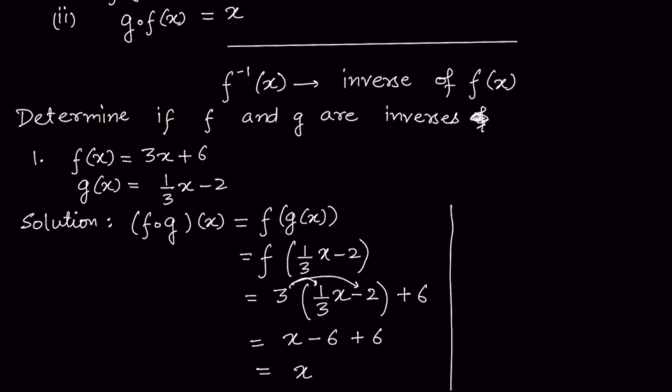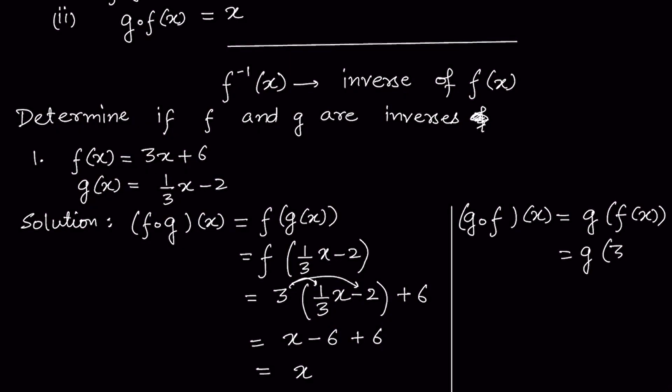So this condition holds. Then we will check g composition f. If both give us x back, they are inverse, otherwise not. So by definition, this is g evaluated at f. Our f(x) is 3x plus 6. Replace x by 3x plus 6 in function g.